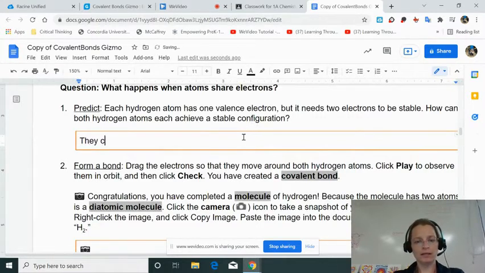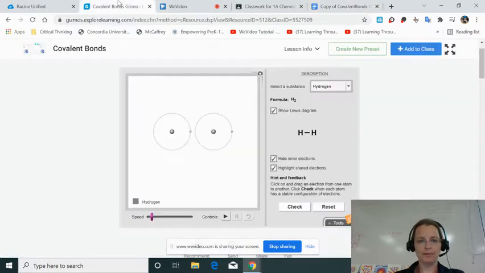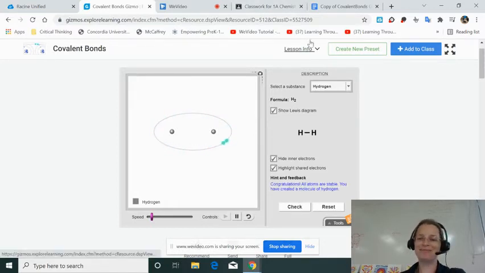They can share their electrons. Here we go. It says to create the molecule, so drag one from left to right and one from right to left. This one's kind of cool. And check. If we check, we did it correctly.